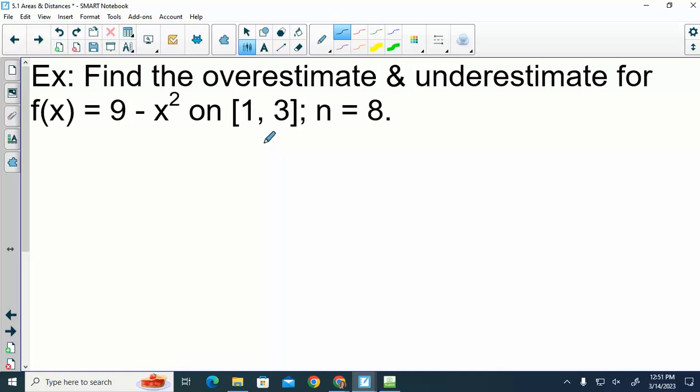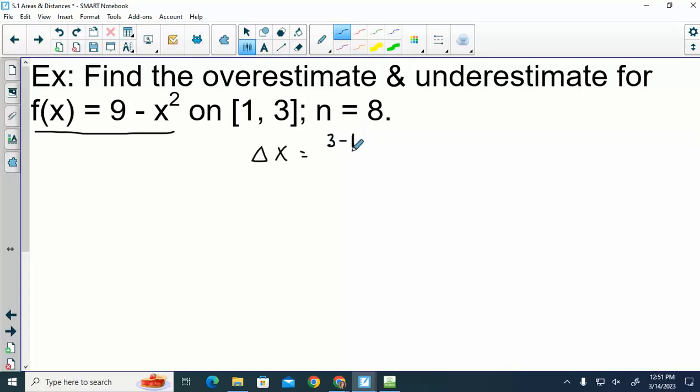So I want the over and under estimate for f of x equals 9 minus x squared on the interval 1 to 3 with n equals 8. Okay. So first I'm going to find my change in x, or my width. This one we're only going from 1 to 3.